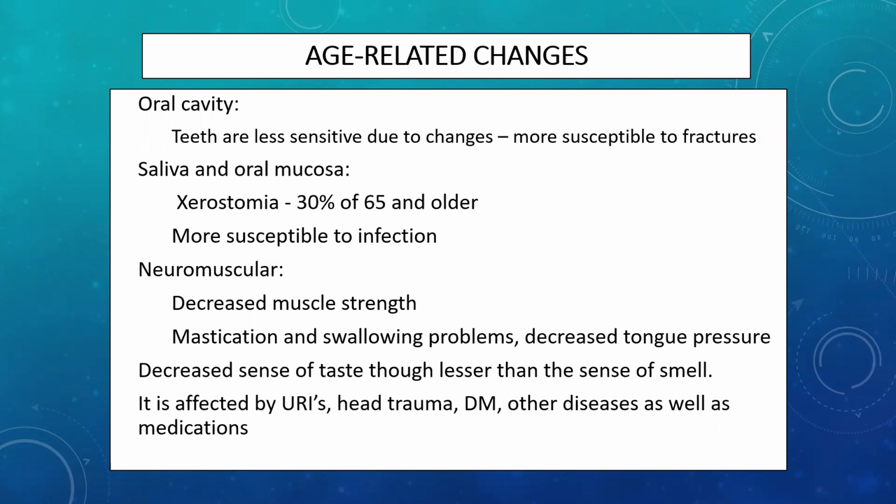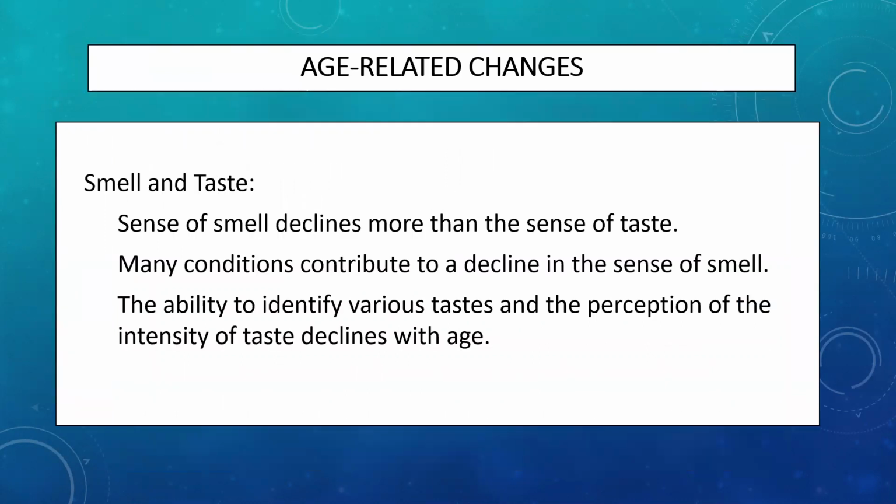So, second to decreased sense of taste, though lesser than the sense of smell, in addition to these visual changes, this can actually lead to issues like the inability to notice outdated or rotten food, which I did mention in our chapter on smell. So you add in this loss of taste, smell, and vision, and you're looking at people eating really horrible things, which, again, I've seen a lot.